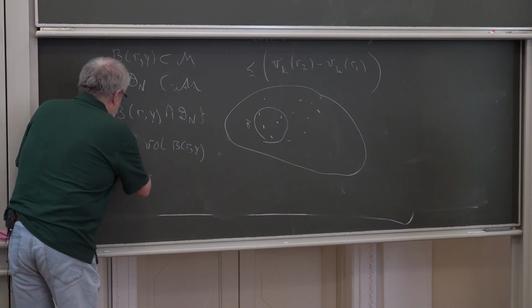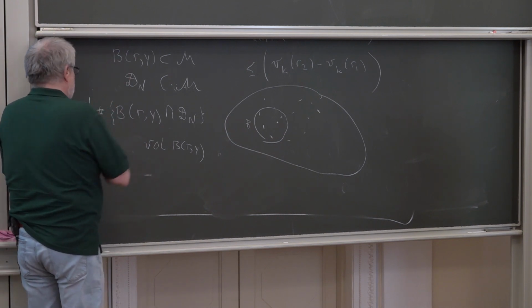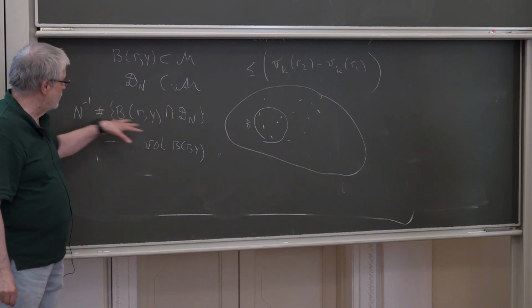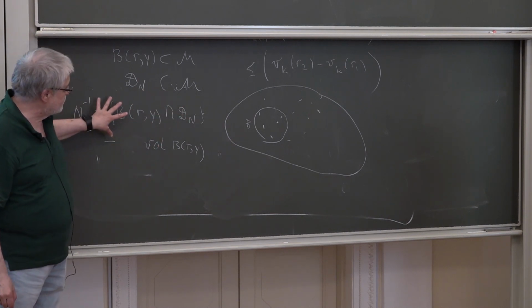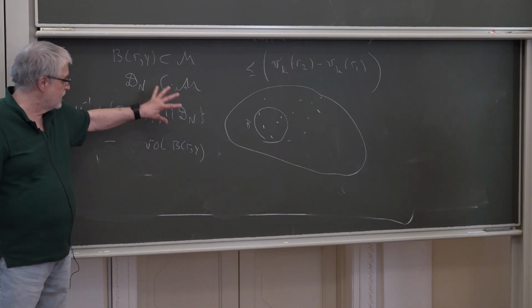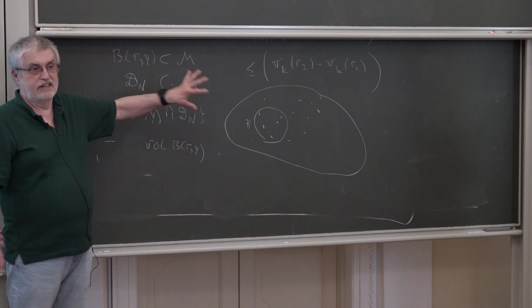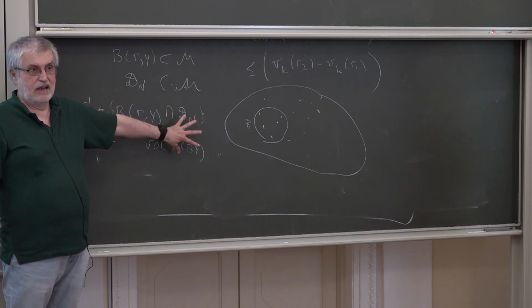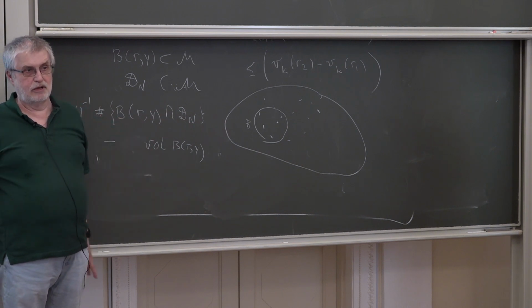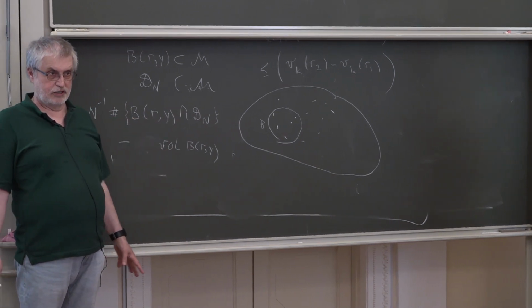We can consider n minus 1. If they are distributed uniformly, that is proportional to the volume, and this tends to 0. If it tends to 0, the point sets for large n are more and more uniformly distributed.